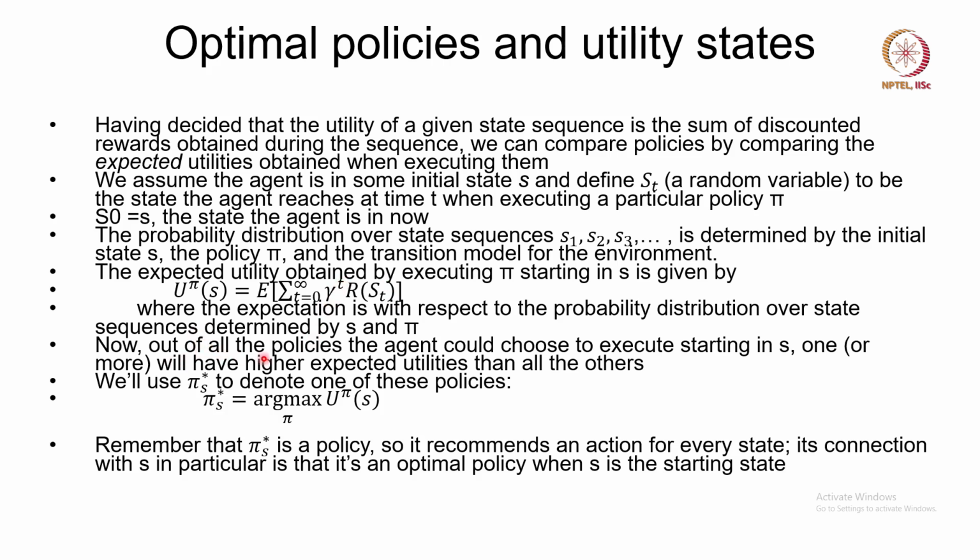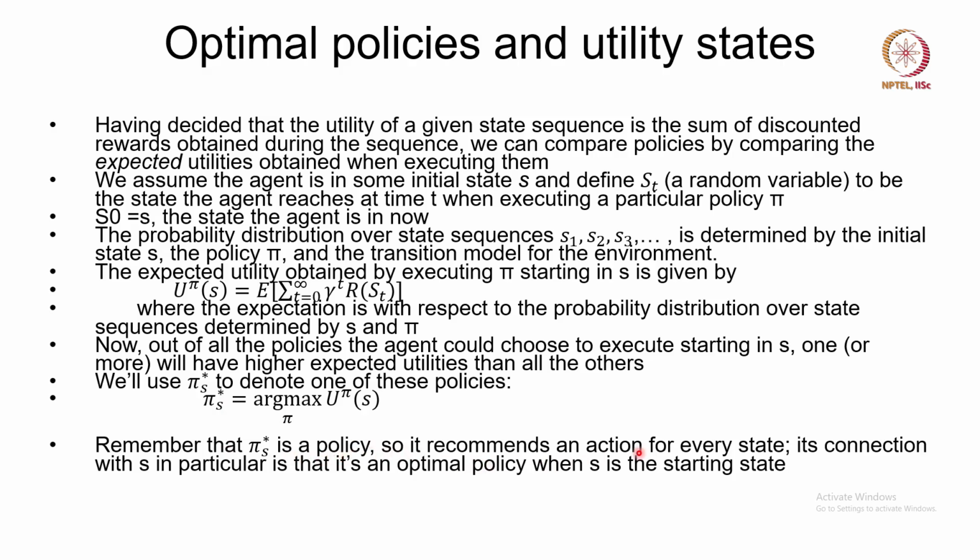Now, out of all the policies, if you find the one with the highest expected utility, you get what is called pi star of S. So pi star of S will be arg max of U pi of S. So you can find the optimal policy over here.